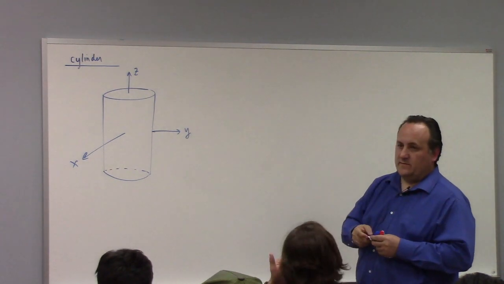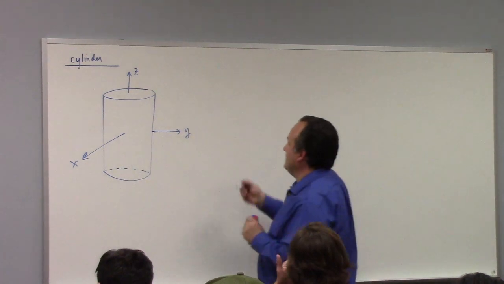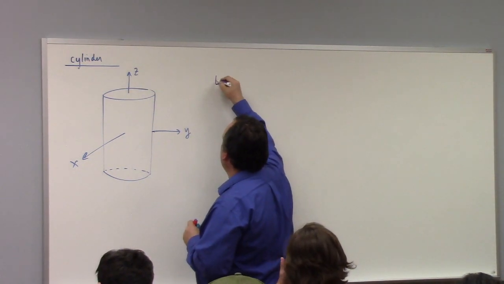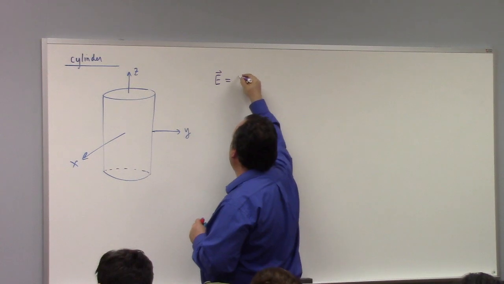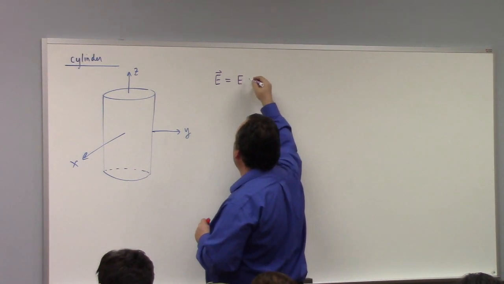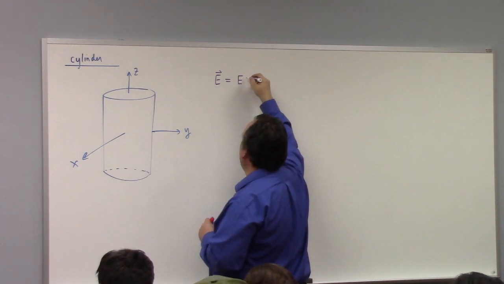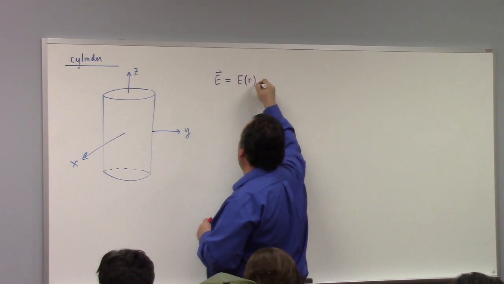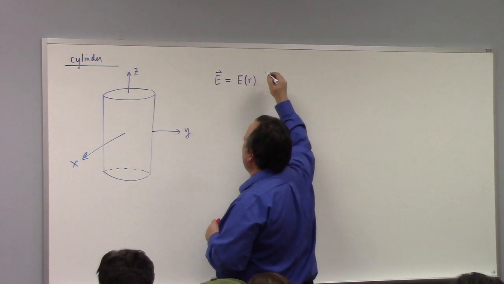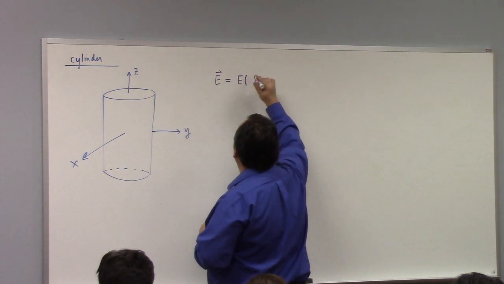And let's talk about a special vector field. Let's talk about an electric field which has the following form. It's equal to some magnitude which is just a function of r. I guess I should use s. My bad.